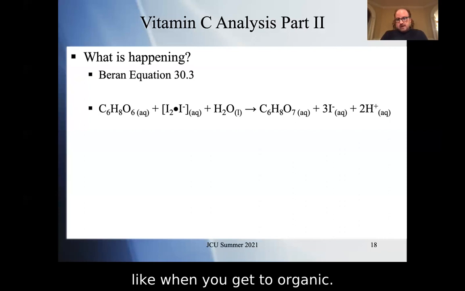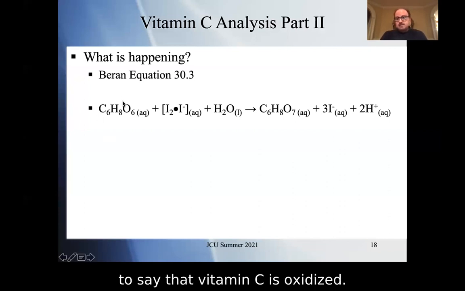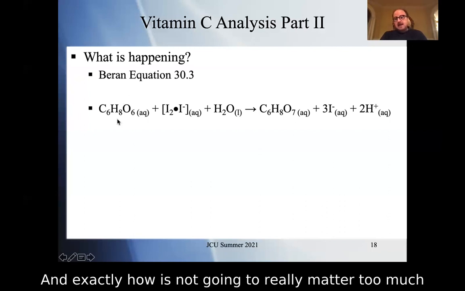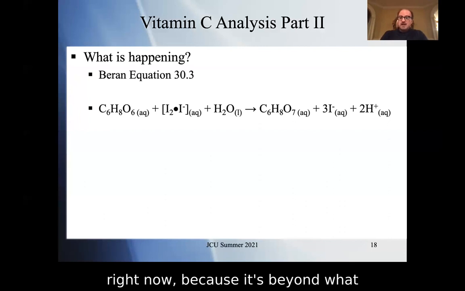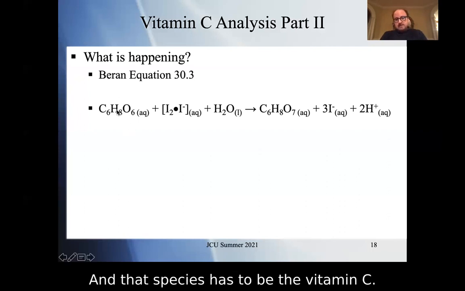So for our purposes, we're just going to say that vitamin C is oxidized, and exactly how is not going to really matter too much right now because it's beyond what we can get into given everything else. But as a result of the I2 gaining electrons, we know something has to lose electrons, and that species has to be the vitamin C.